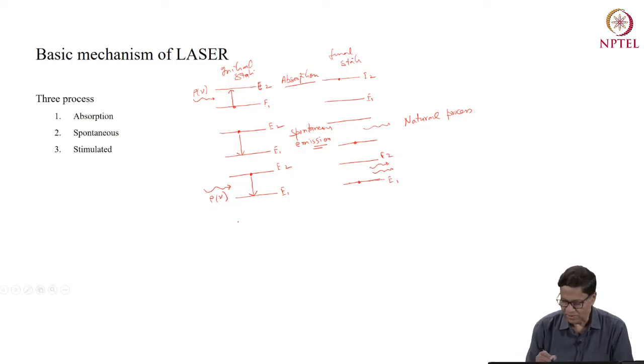So this process, where you're forcing the electron to come down as a result of this input flux density, is called stimulated emission. This is a forced process.